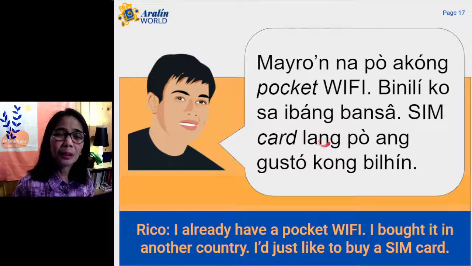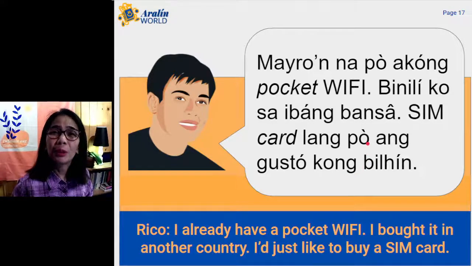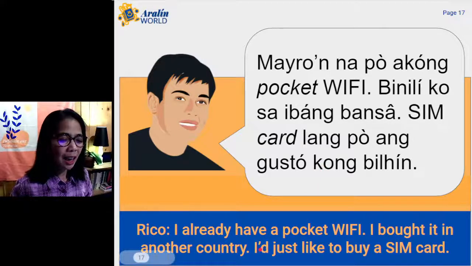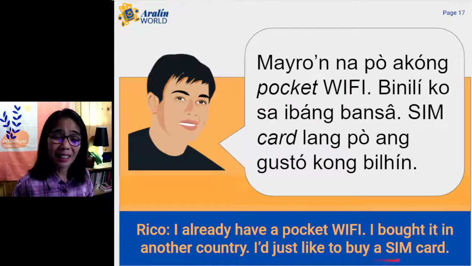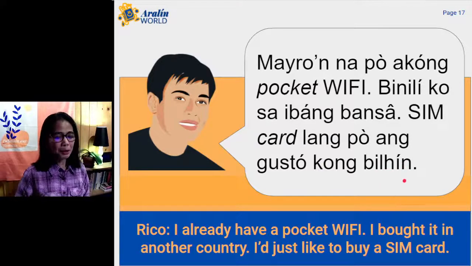It's good as saying, I just like to. SIM card lang po ang gusto kong bilhin. If you don't want to say po, you can say SIM card lang ang gusto kong bilhin. It is as good as saying I just like to buy a SIM card. Bilhin for buy. Bruce, no question?